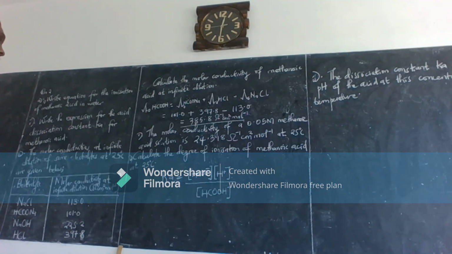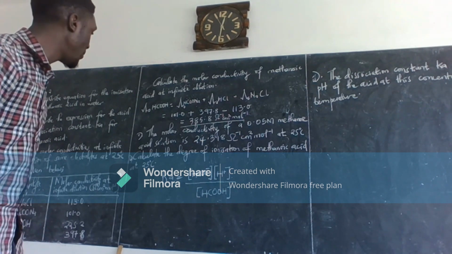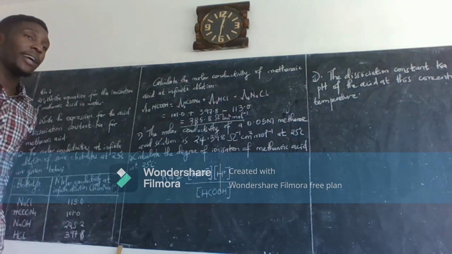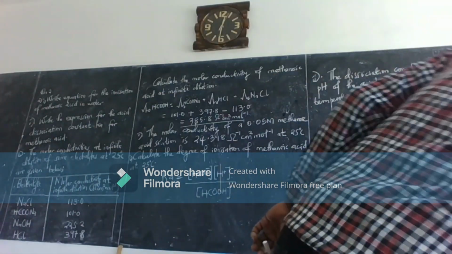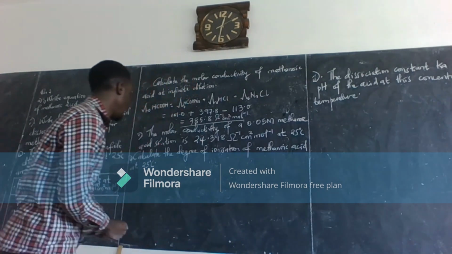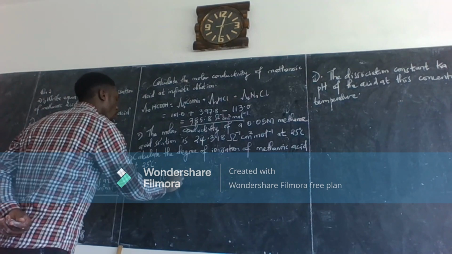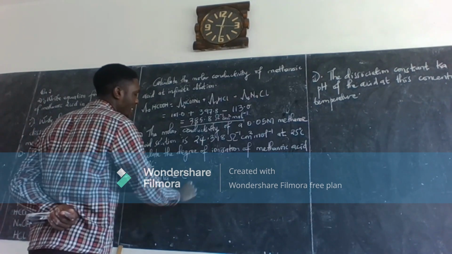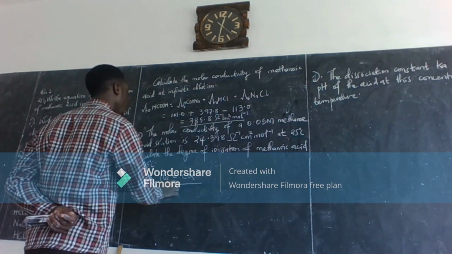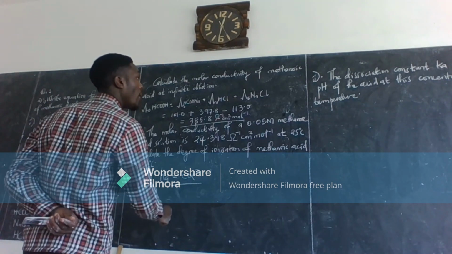Then the next question is saying the molar conductivity of 0.05 molar methanoic acid is 24.318 per mole per ohm centimeter squared at 25 degrees Celsius. Calculate the degree of ionization of methanoic acid. From our formula of conductimetry, Ka will be equal to concentration of the acid times degree of dissociation squared divided by 1 minus alpha.